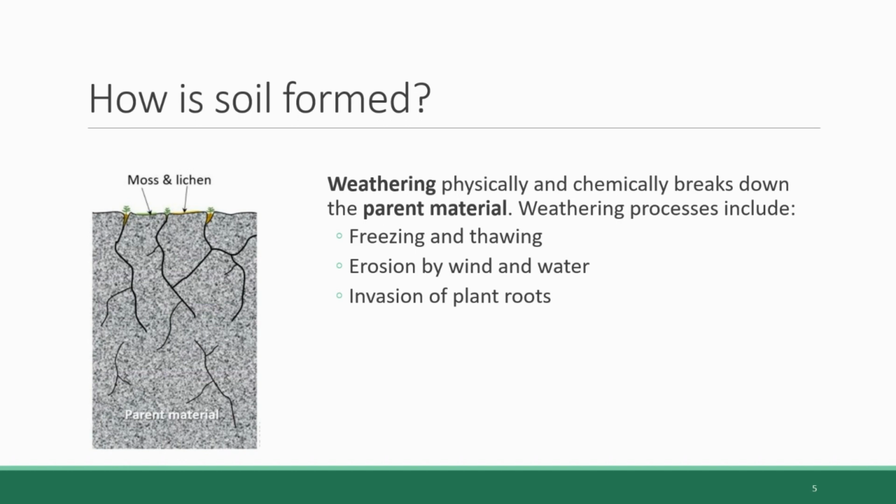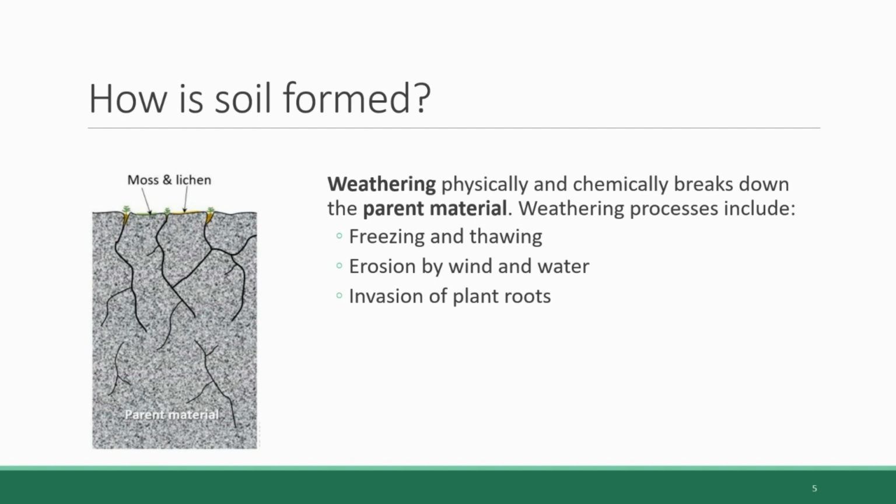So often this is the solid bedrock that underlays the geography of the region. And weathering occurs as a result of many factors simultaneously, which you'll see listed here. These include freezing and thawing, erosion of the material by wind and water, and the invasion of plant roots that actually penetrate the parent material and break it up into smaller pieces.